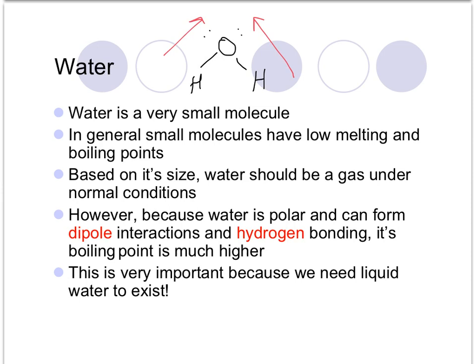But it's not, it's a liquid at room temperature. That's because of the polarity of water and the dipole-dipole attractions and hydrogen bonding that exist between the molecules. Because of the intense hydrogen bonding that holds the molecules together, its boiling point is much higher than normal. This is really important because we need water to exist in liquid form.